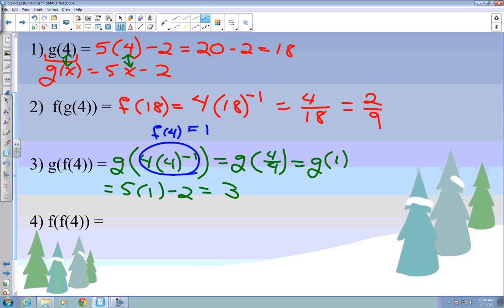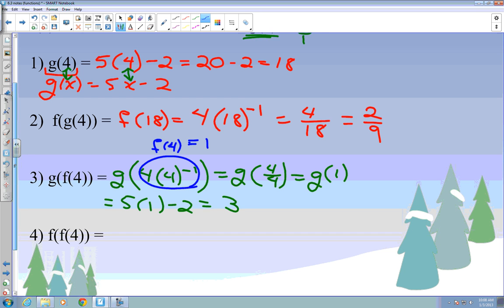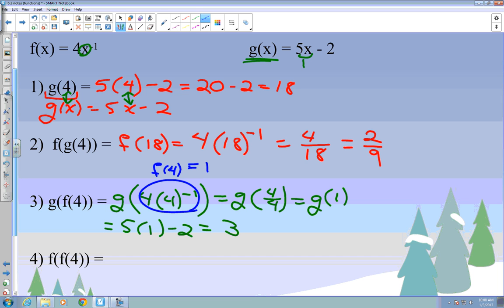F of 4. Back up so you can see what f of x is. Okay, what was f of 4? 1, right?